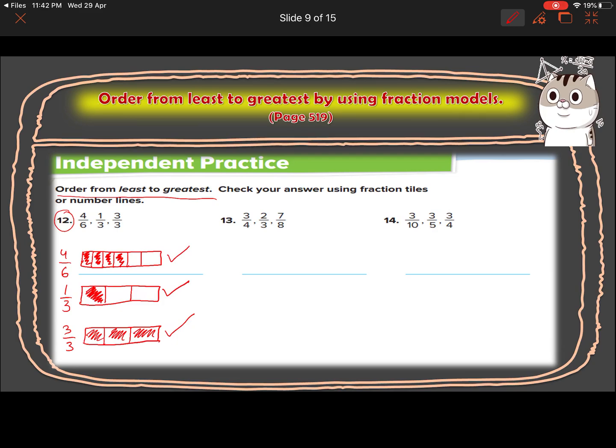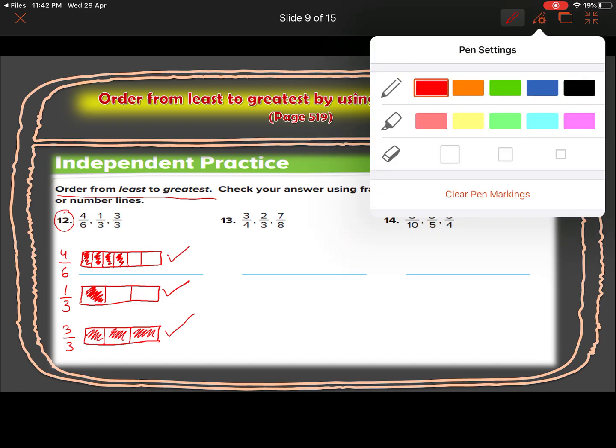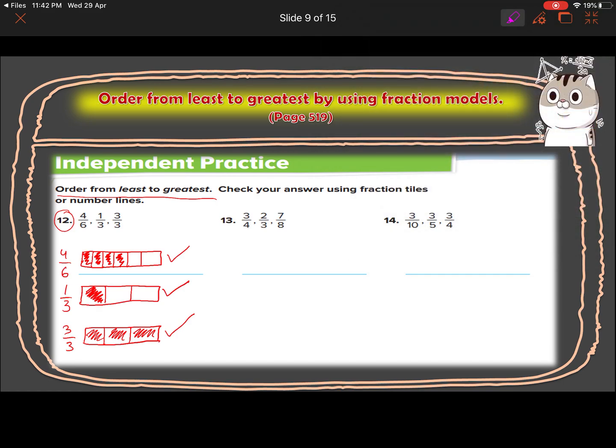Now see, we are going to order from least to greatest, smallest to bigger. So which fraction bar has a smaller fraction or the less shaded part? That is 1/3. So I write down here 1/3.